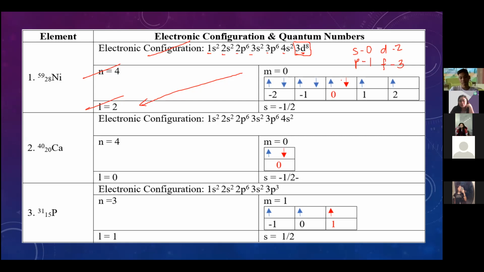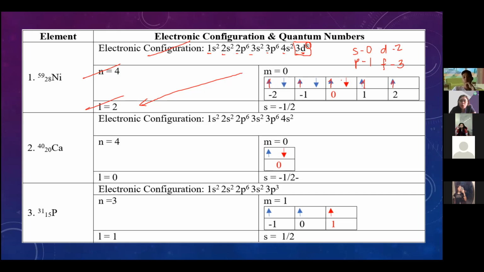Pag na-confuse kayo, always start with 0, class, lagay niyo siya at the center, and then going to the right, just write positive numbers starting from 1, and to the left we have negative numbers. Pero when filling this, we will be looking at this number 8, meaning we have 8 electrons in the last electron configuration, and then i-fill mo siya singly first, meaning isa-isa muna. So we have 1, 2, 3, 4, 5 before ka mag-pair.